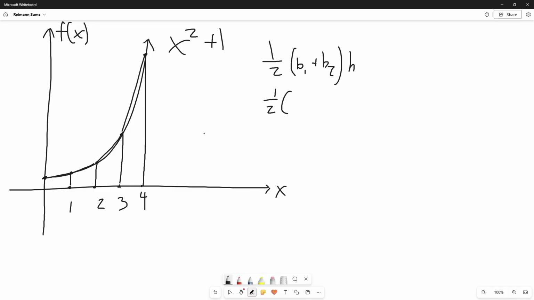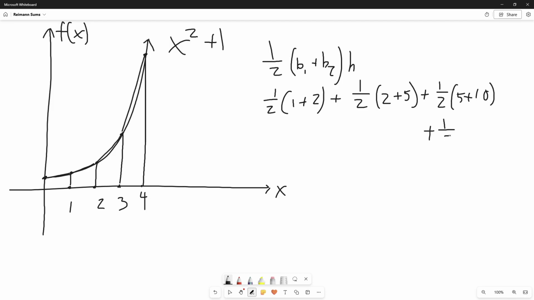So let's just add up all these trapezoids together. So 1/2 base 1 is going to be 0 squared plus 1. So 1 plus 1 squared plus 1, 2, and just times 1, we don't have to write it, plus 1/2, 2 plus 5, plus 1/2, 5 plus 10, plus 1/2, 10 plus 17.